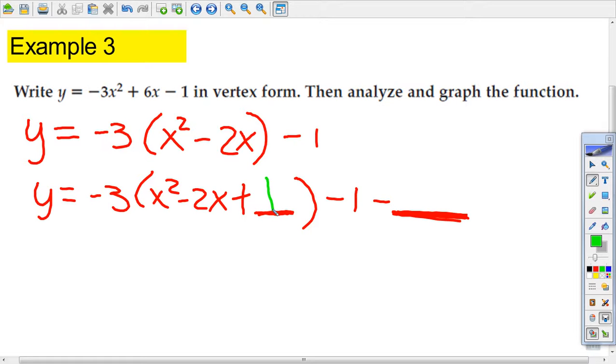When you add the 1 inside the parentheses, what are you really adding to this side of the equation? -3 times 1, which would be -3. So when I add this 1 here, what I'm really adding is -3 times 1, which is -3. So what needs to go in this blank over here to make it 0? +3.